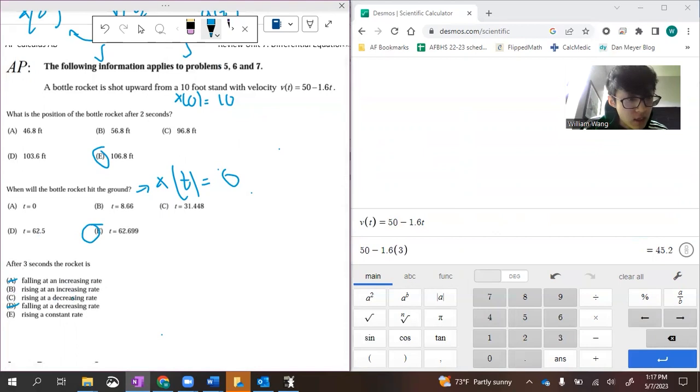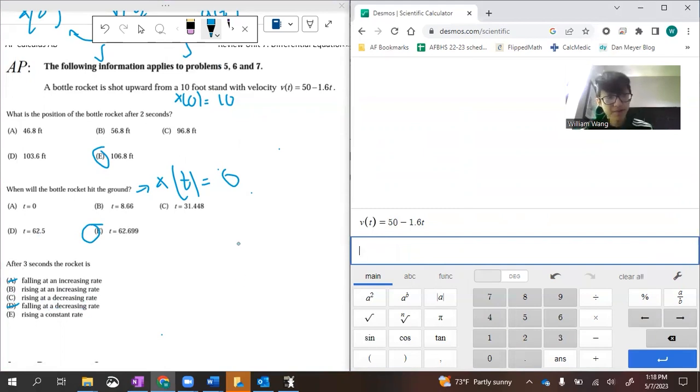Question is, is it rising at an increasing or decreasing rate? Well, in order to figure that out, whether velocity is increasing or decreasing, I would need to take the derivative of it. So basically, I'm trying to find the acceleration. So if something is rising at an increasing rate, that means it's accelerating, right?